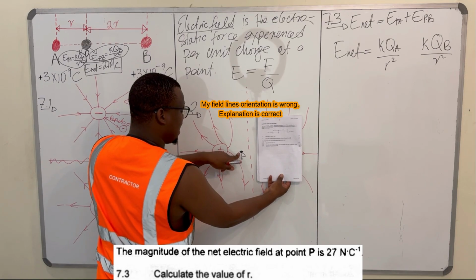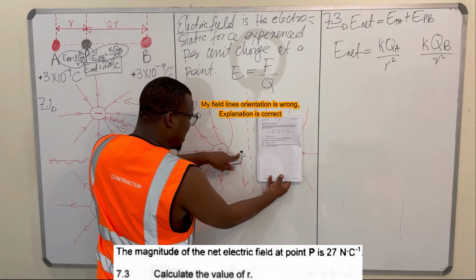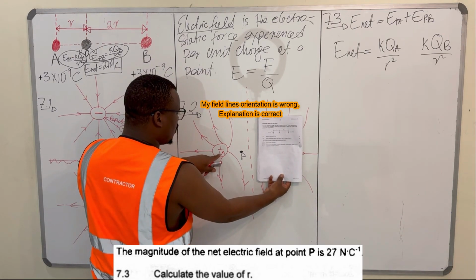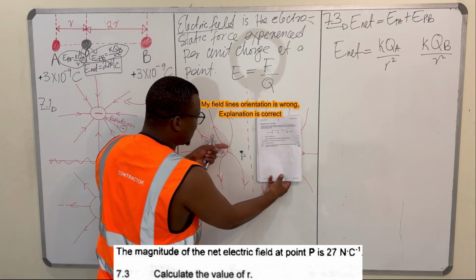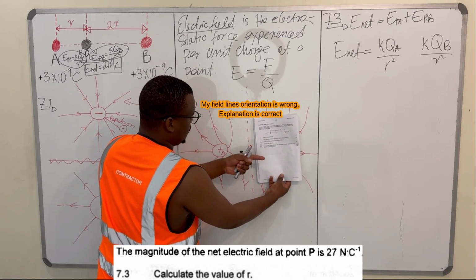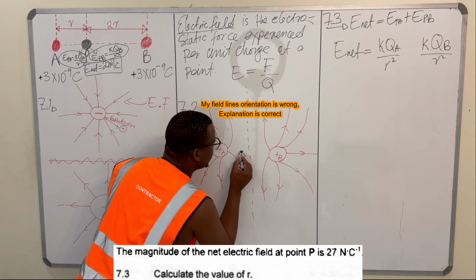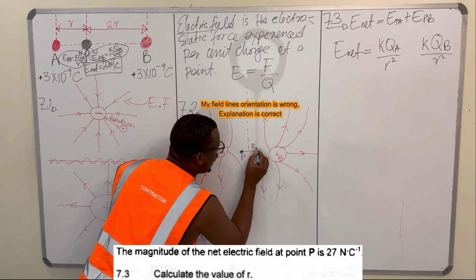If you are P here, you will be feeling electric field lines pushing you in that direction because they are coming out of A. So P will be feeling an electric field at P due to A in that direction.